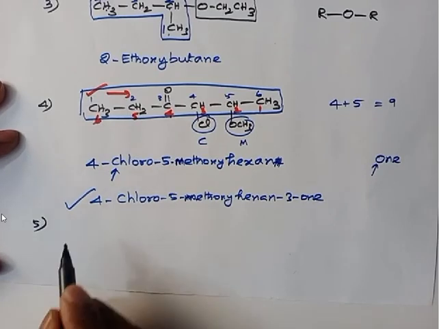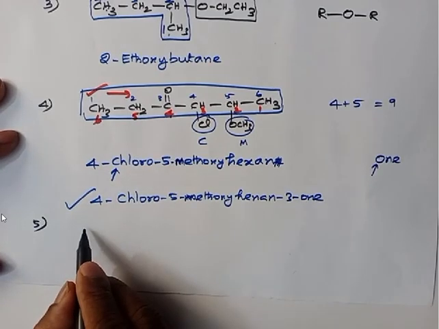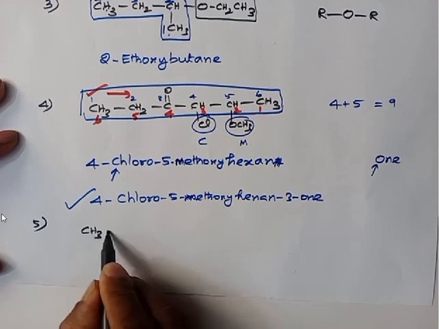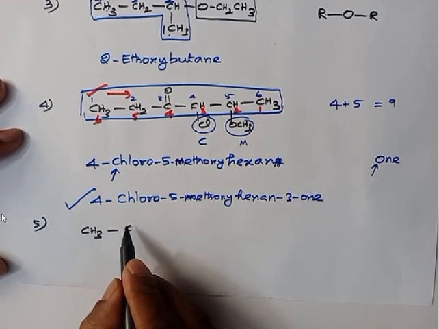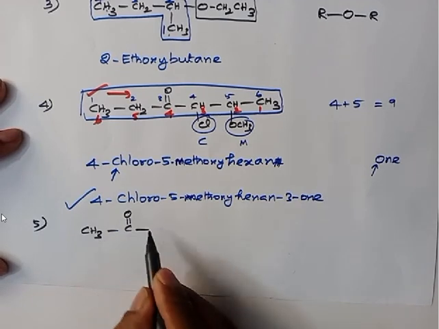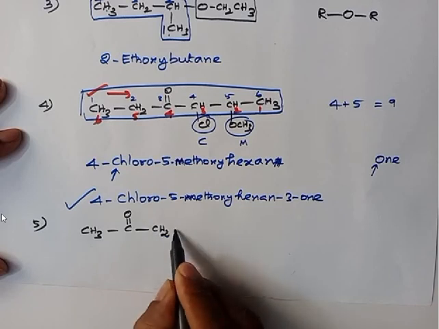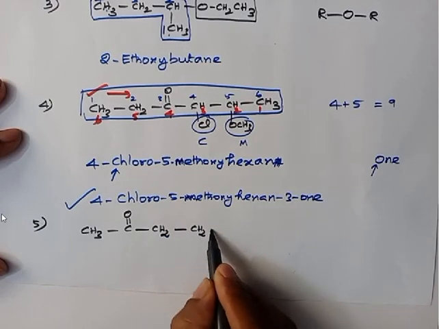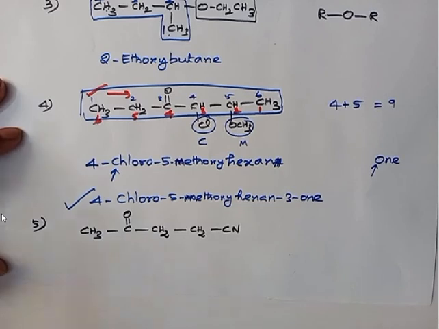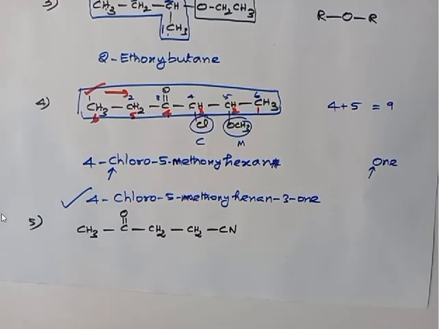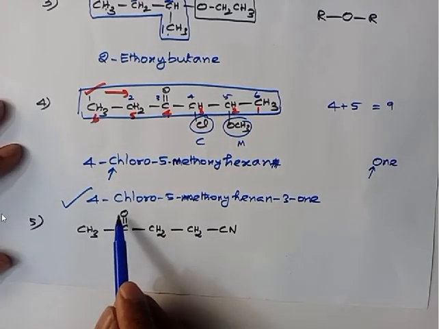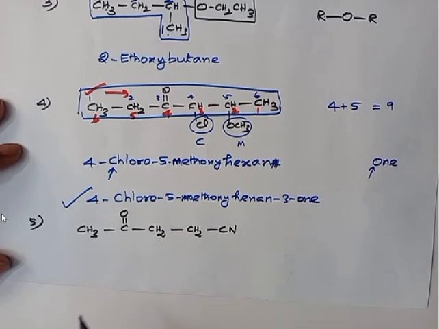CH3, C double bond O, CH2, CH2, CN. Now I have two functional groups. One is keto, the other one is cyano.